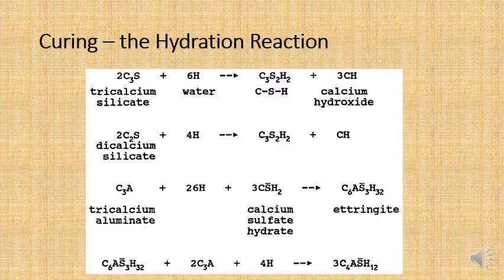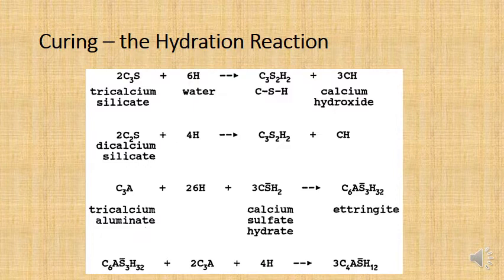That's why concrete is never completely dense. There's always voids inside the concrete. We'll cover that later. Dicalcium silicate, again, that combines with water and it creates the same product. It creates a hydrated calcium silicate, and it has a little bit of calcium hydroxide gas bubbling off it.